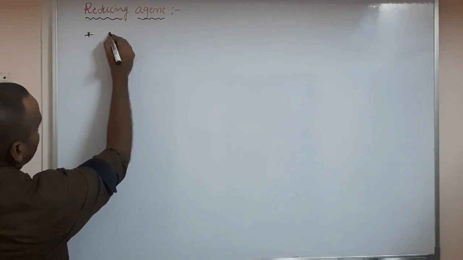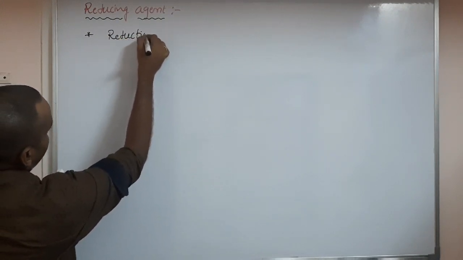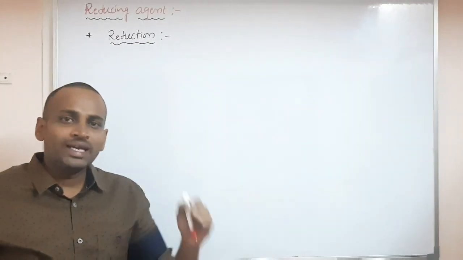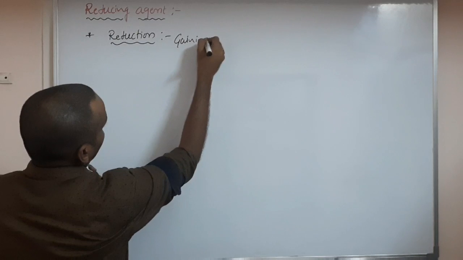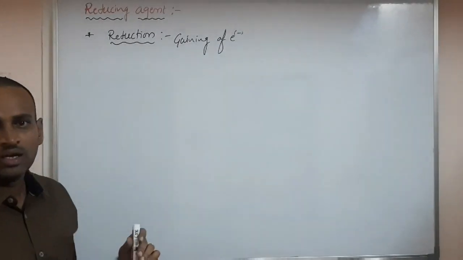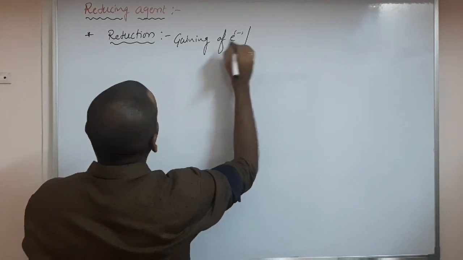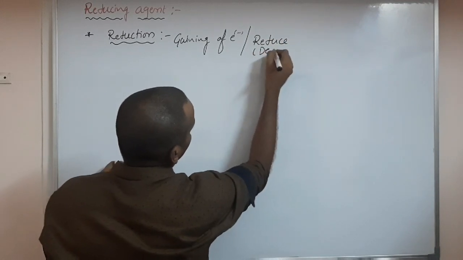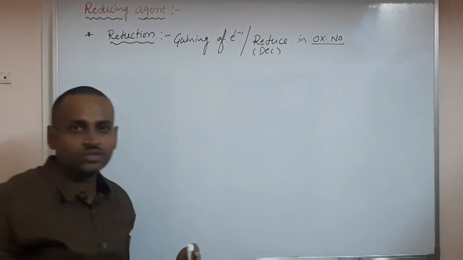Before that, you must know what reduction is. Everybody knows: reduction means gaining of electrons. In terms of electrons, gaining of electrons is called reduction. Or, said in another way, during reduction there is a decrease in oxidation number or oxidation state.